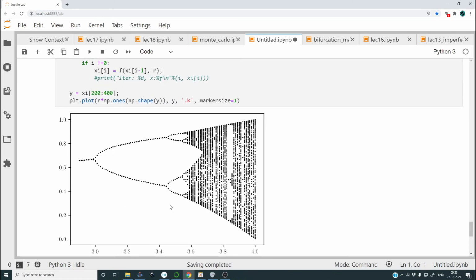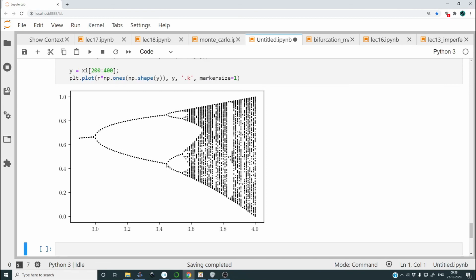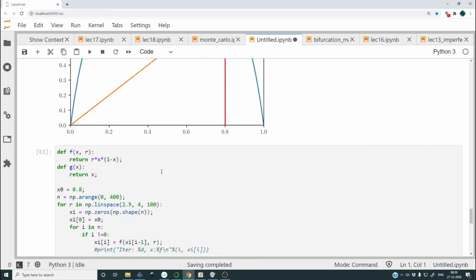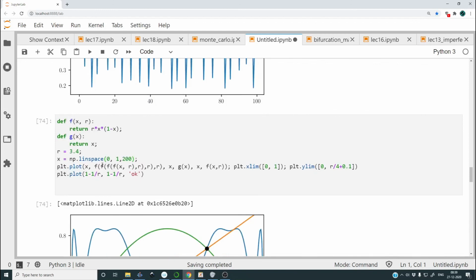It remains like this until 3.4 something. Then it splits again into 4 cycles, because at this particular transect you have 1, 2, 3, 4. So you have the iterations over a large span going over these 4 points again and again. Let us choose 3.5 just to show what those 4 points are.